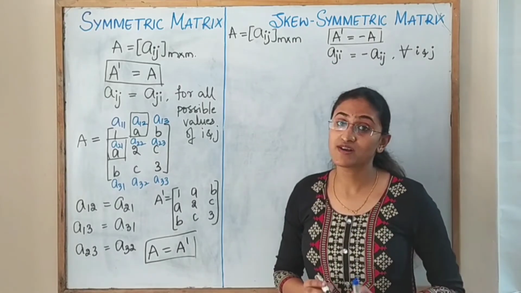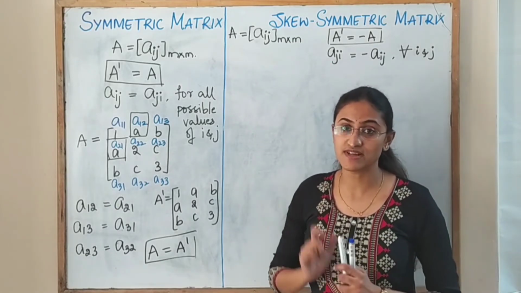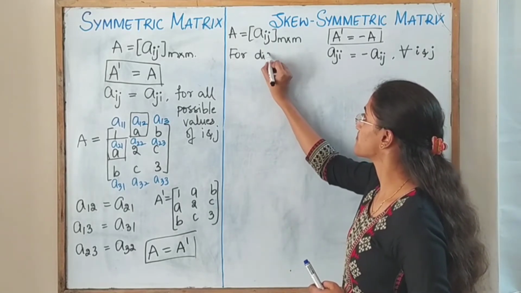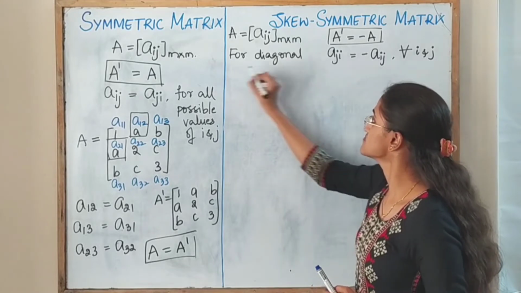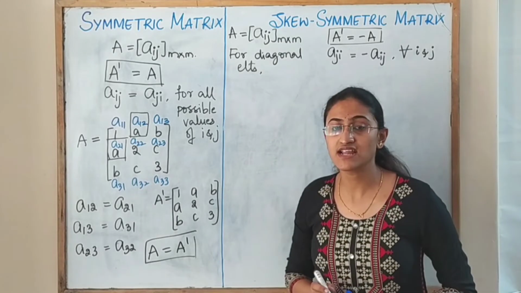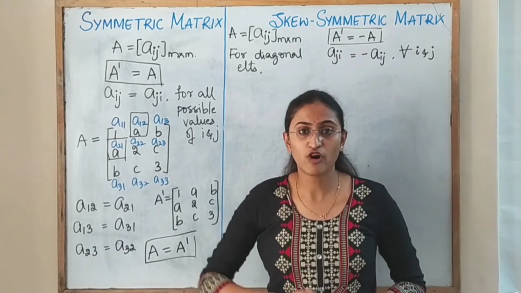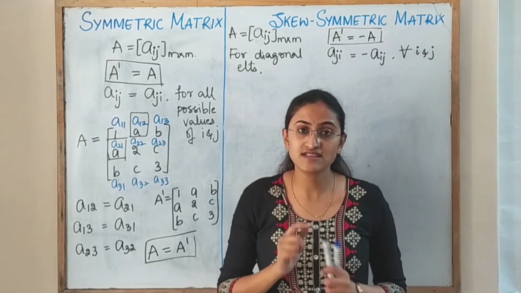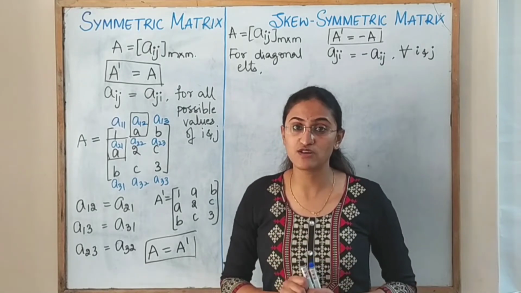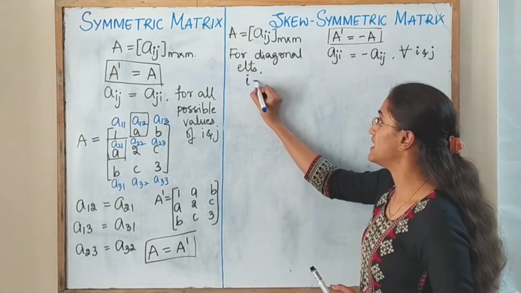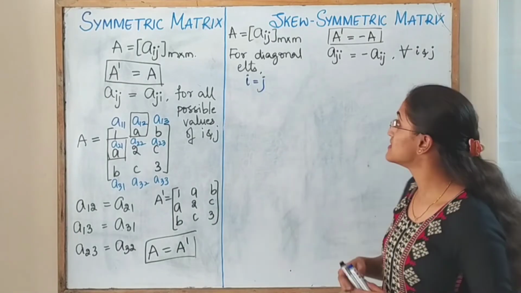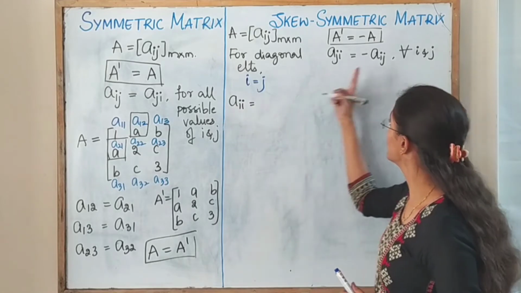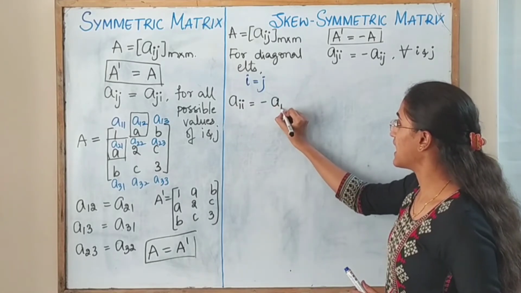Now, another important thing that you have to notice in a skew symmetric matrix is for the diagonal elements. Remember, the diagonal elements will be of the form A11, A22, A33 and so on, and hence i will always be equal to j for the diagonal elements, and hence we get this expression as Aii is equal to minus Aii.